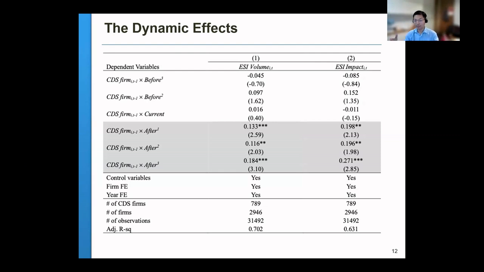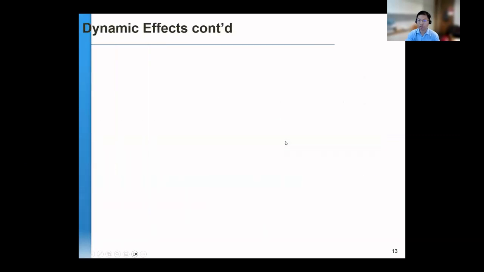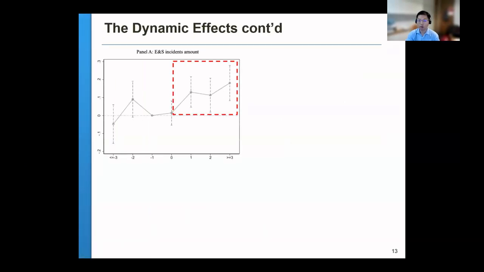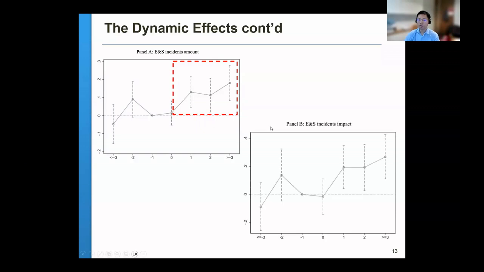The number of ENS incidents starts to increase one year after the introduction of CDS trading. We also have a figure that shows it more obviously. We look at the ES incident amount and ENS incident impact, and after the inception of CDS trading, we do see a significant increase.